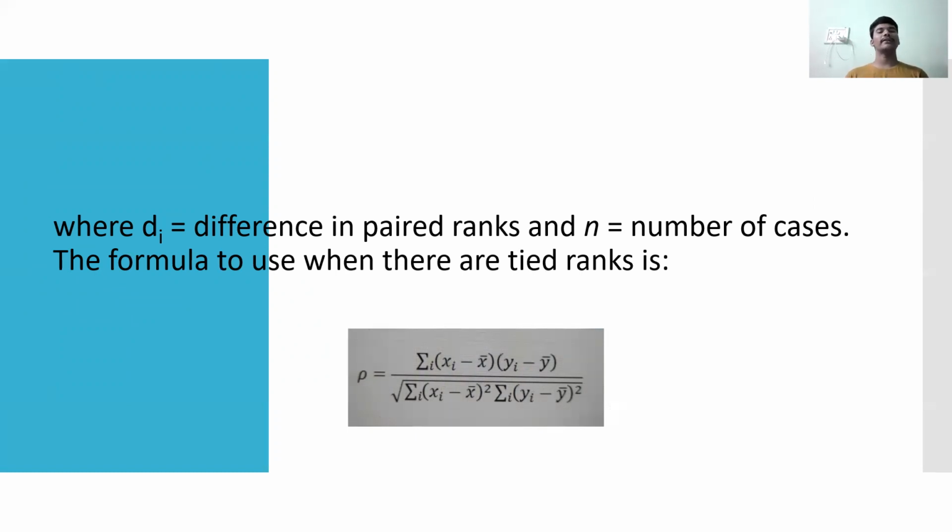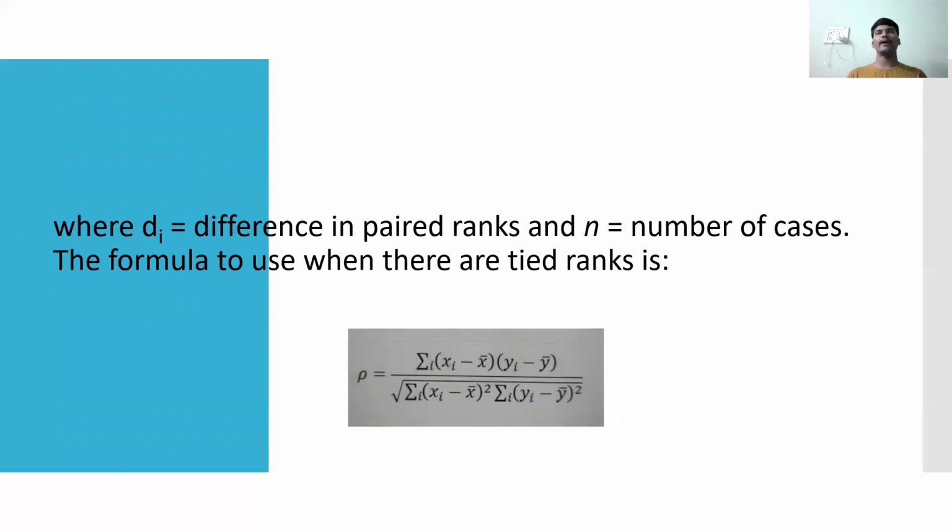The formula used when there are tied ranks, when they have given tied ranks to the given variable values, is rho equal to sigma (xi minus x bar) into (yi minus y bar).